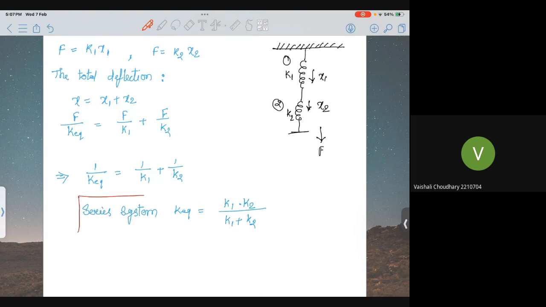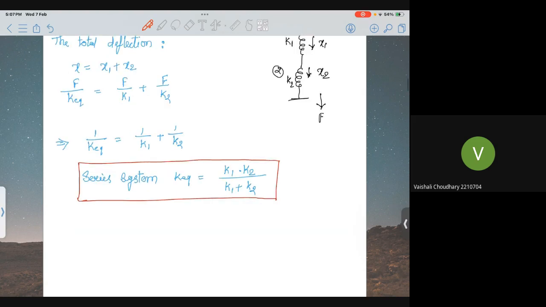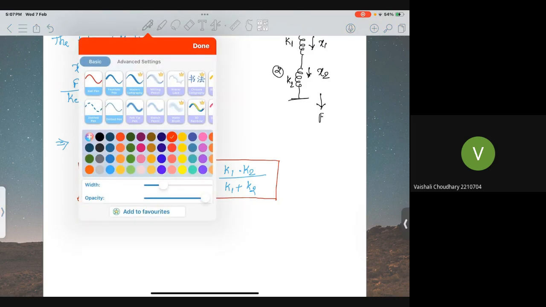This is how we can calculate the equivalent spring constant in case of series system.